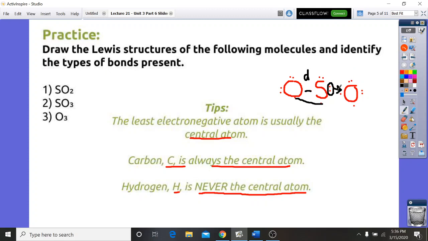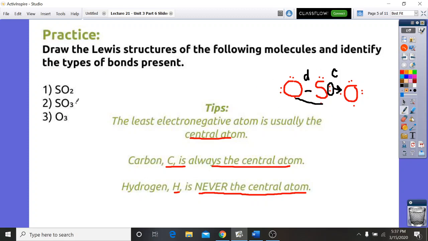And so oxygen now has 1, 2, 3, 4, 5, 6, 7, 8 electrons. 1, 2, 3, 4, 5, 6, 7, 8 for S, and 1, 2, 3, 4, 5, 6, 7, 8 for O. We are complete. There is a double and a coordinate bond. One double, one coordinate holds this SO2 together.